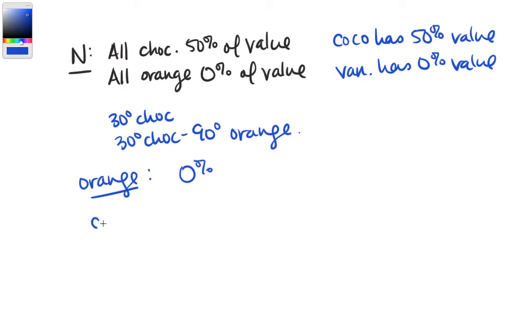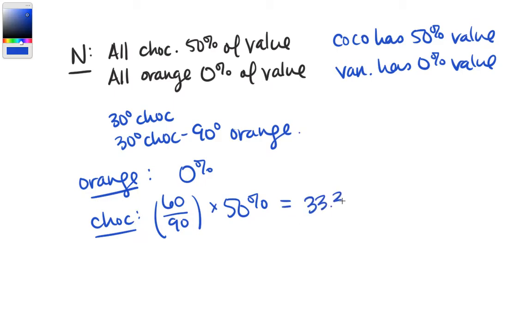Okay, and now the chocolate, well, he got a total 30 and 30 is 60 degrees of the chocolate, so 60 out of a possible 90 degrees that was in the whole cake, and he thinks that all of that chocolate is worth 50%. We multiply that out and we get, rounded to 2 decimal places, 33.33%.